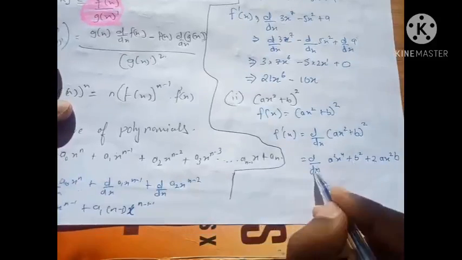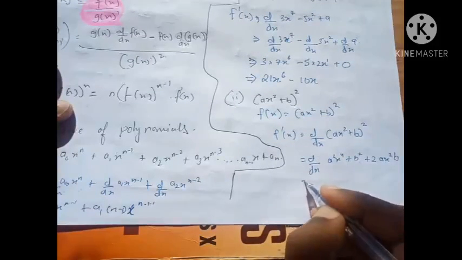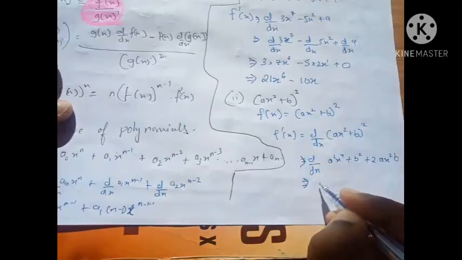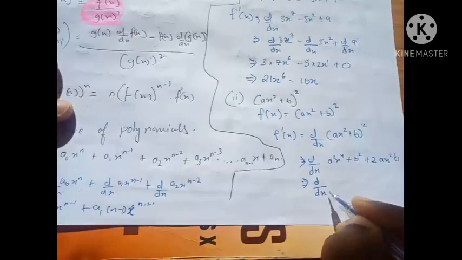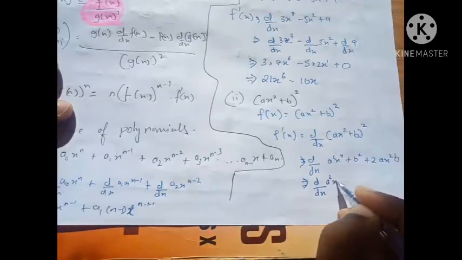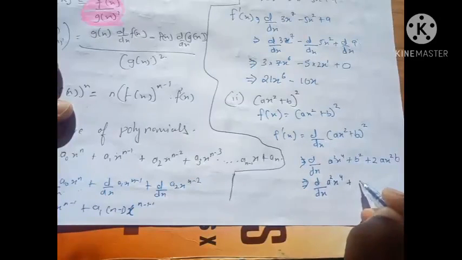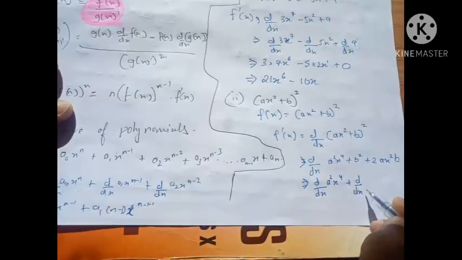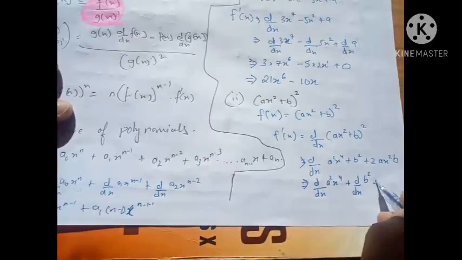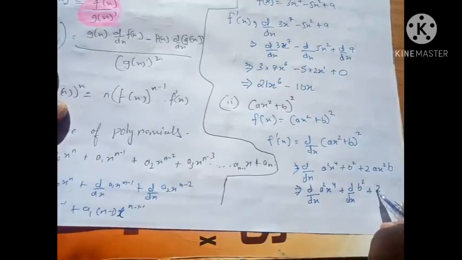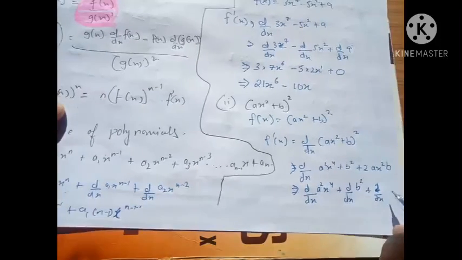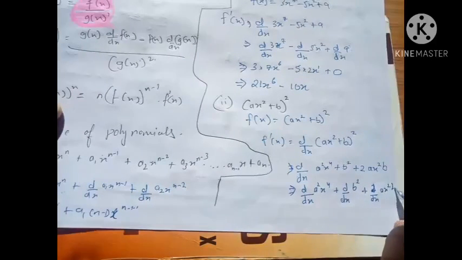Is that okay? So this derivative is going to go to all of them. It's going to look something like this: a square x to the power 4, plus derivative of b square, plus d by dx of 2ax square b.